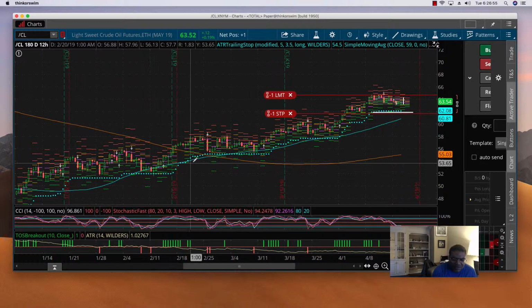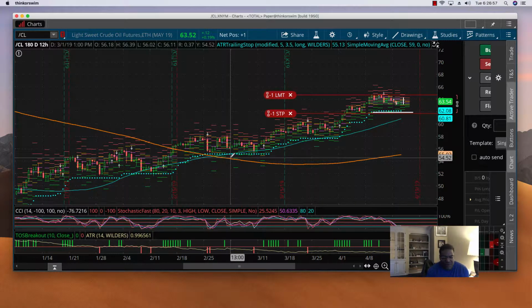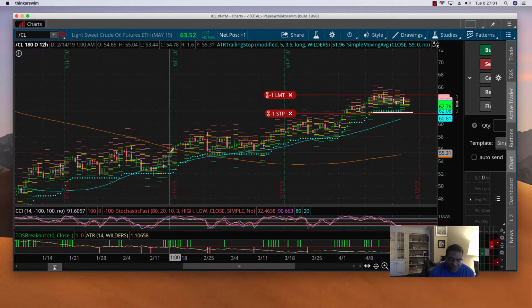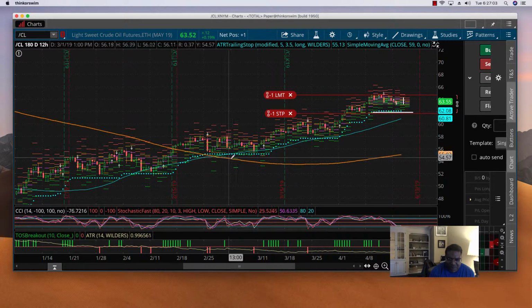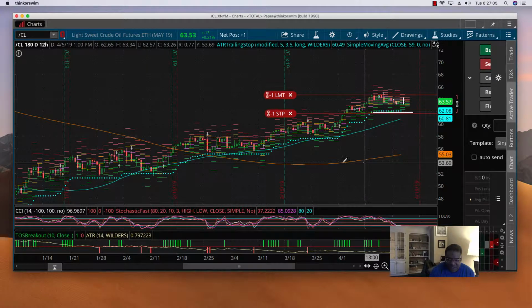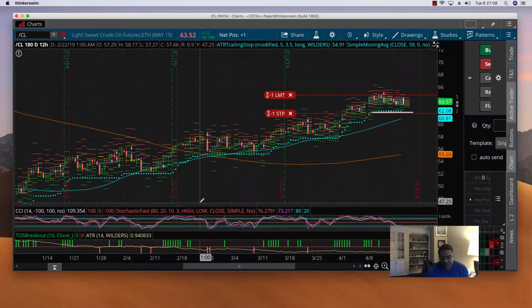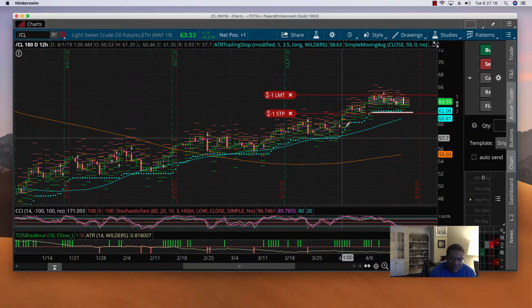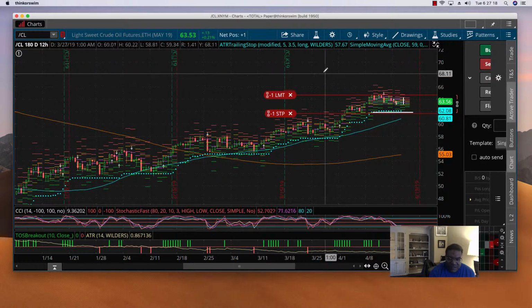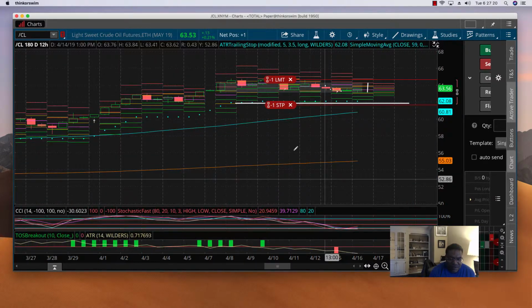It's trailing it really great. That's why I love the ATR trailing stop. The moving averages, now the 50 period is above the 200 period, so that's telling you you're in an uptrend. Plus, the daily chart told us that we are making higher highs. That's key.